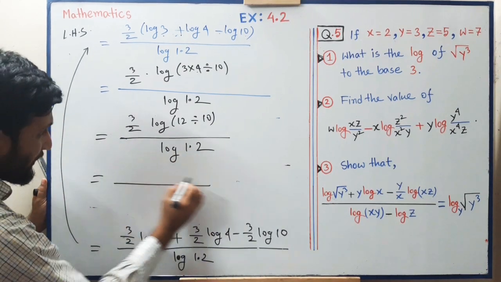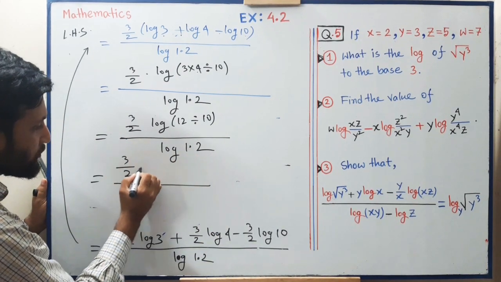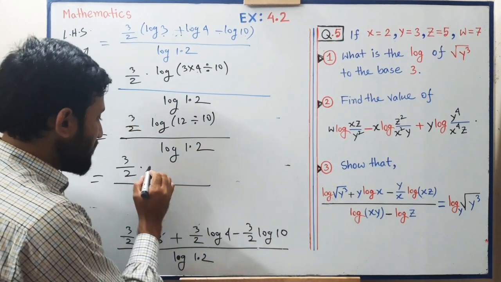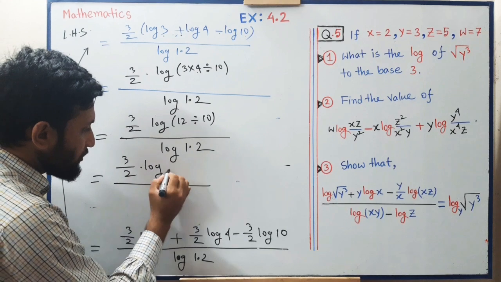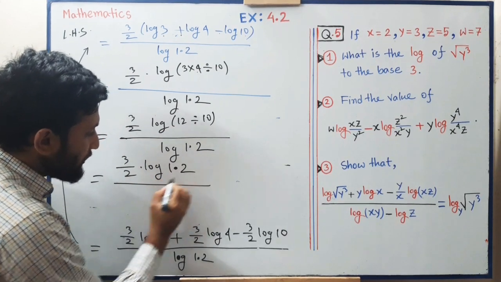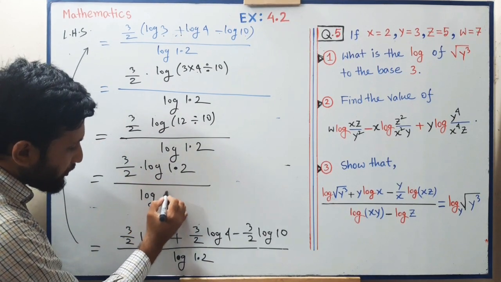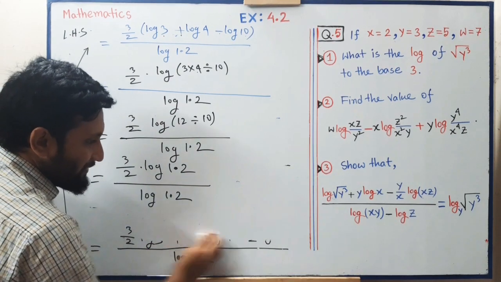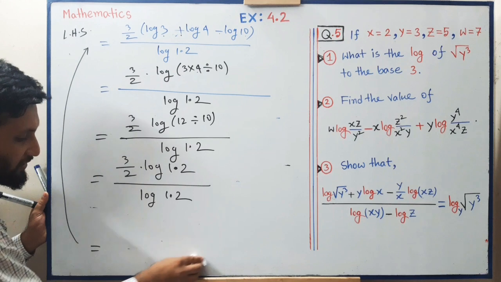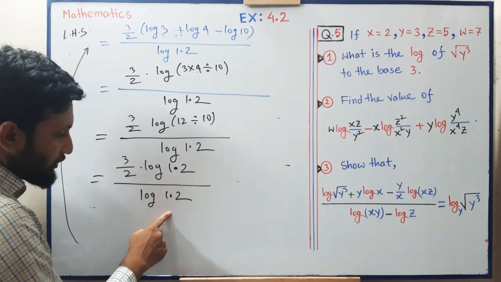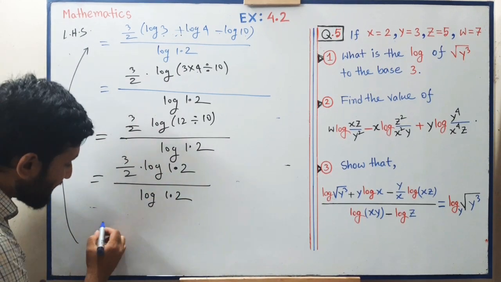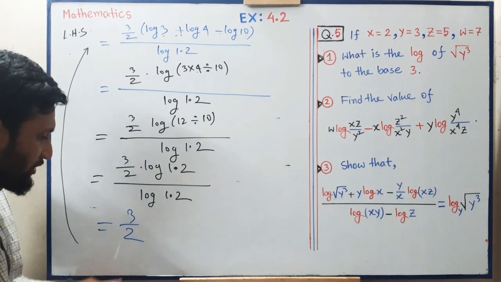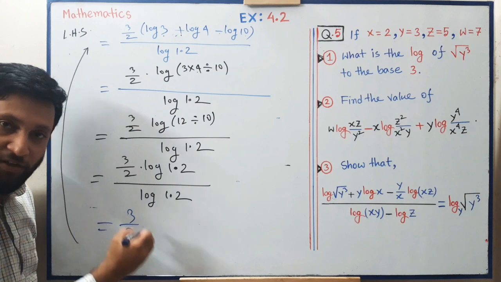So log 12/10, that means log 1.2, and in the denominator log 1.2. We can cancel this same term in the numerator and denominator, log 1.2 and log 1.2. So the rest is only 3/2. This is the left hand side, so the value of the left hand side is 3/2.